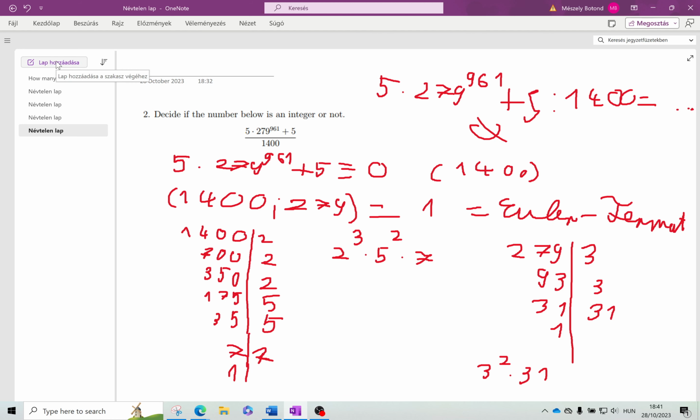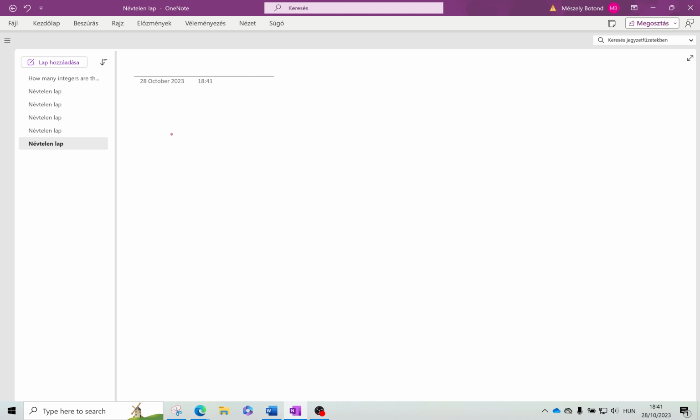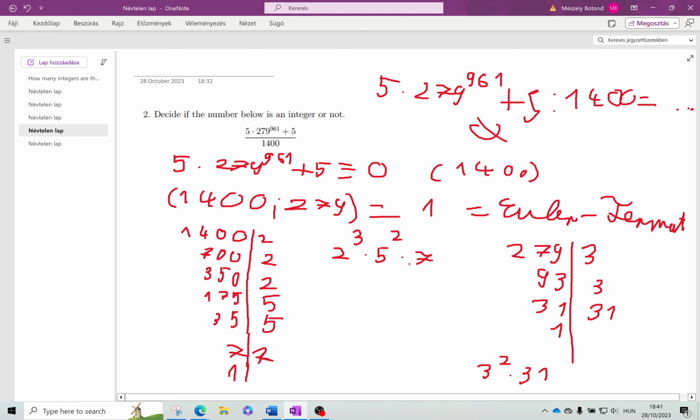What does this mean? So we can use Euler-Fermat. There is the Euler function phi. First we have to find the phi of the modulus, so 1400, and we already know the prime number multiplication from this.